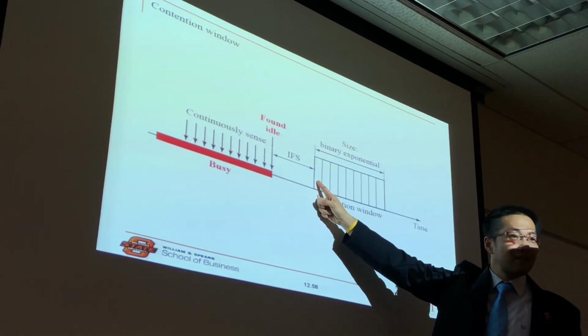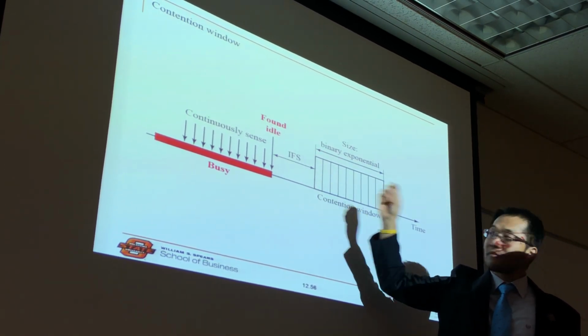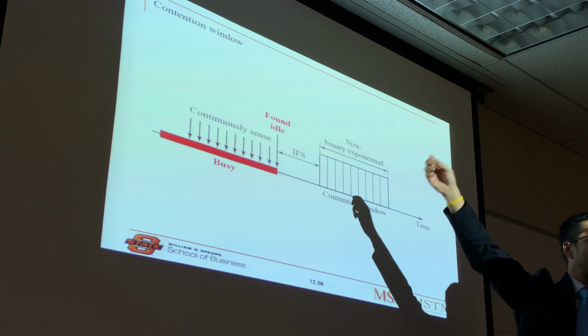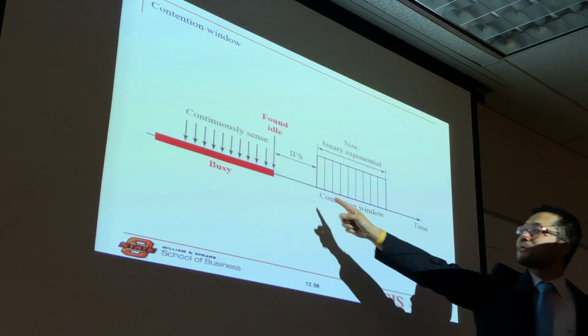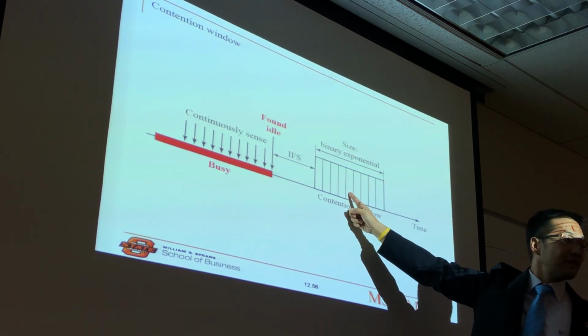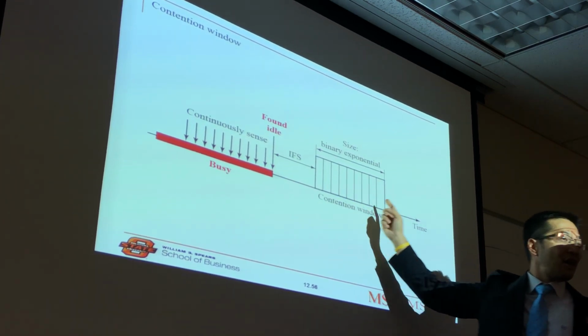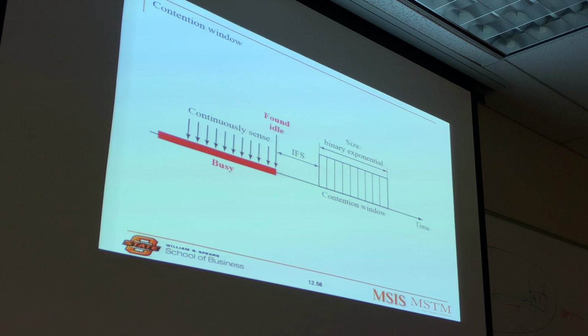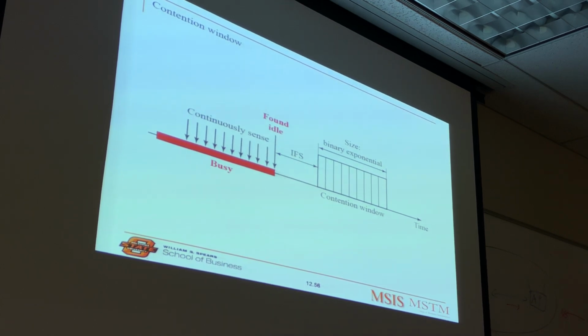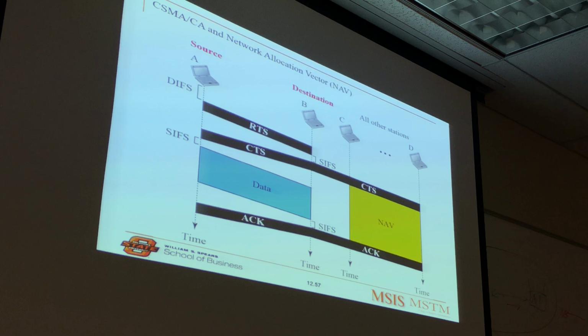If my slot is here, I can transmit something. You raise your hand: hey, I have something to transmit. If your slot is later, you cannot raise your hand because I already raised my hand here. That's how you prioritize different devices randomly or dynamically. And only if you could raise your hand can you move on to the next step to transmit your data.